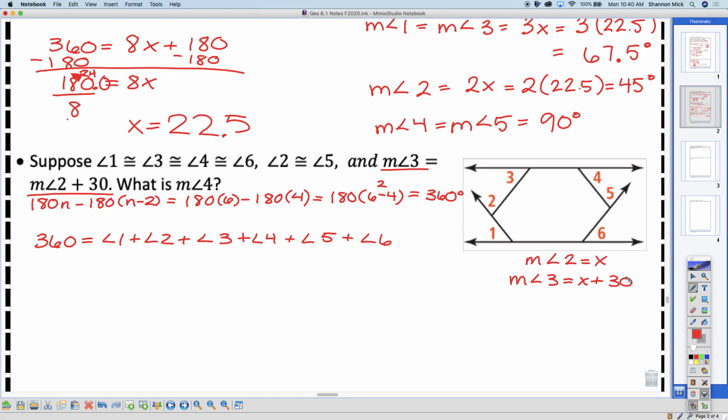Okay, so 360 equals, what's the measure of 1? 1 equals 3 equals 4 equals 6. Do we know 3? Yes, x plus 30. What is the measure of 2? x. What's the measure of 3? x plus 30. What's the measure of 4? x plus 30.